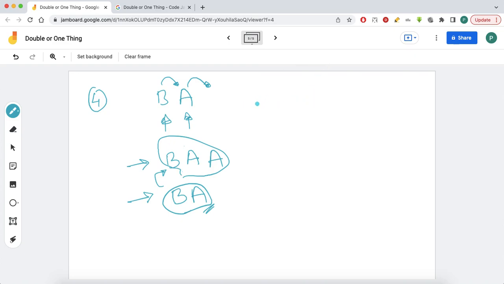It means that no matter what, if you are at the last character, you should not repeat it at all, because if you repeat it, then you are just making the string greater, and if you do not repeat it, then you are making the string smaller.